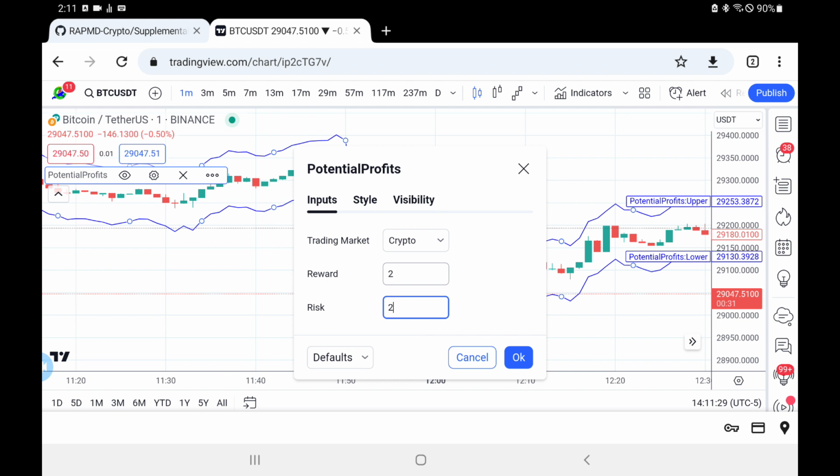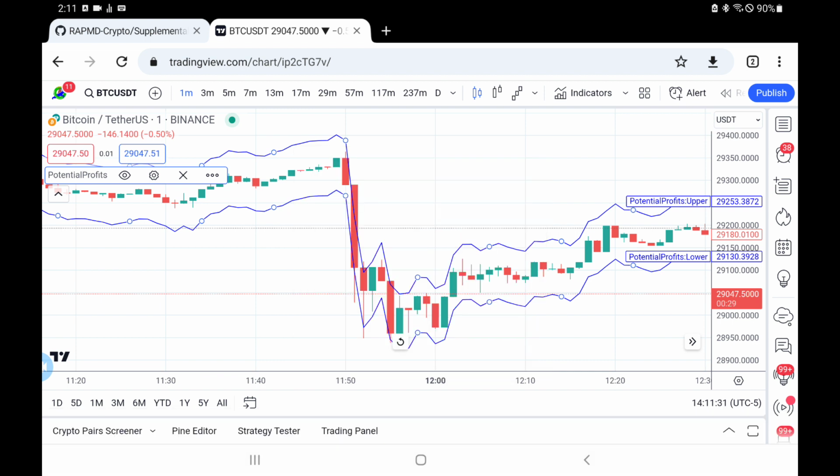So now we are still at a 1-to-1 ratio between the two of them, but now we can see within the cryptocurrency market, particularly with Bitcoin's volatility, that we have a slightly different viewpoint. That is, we see a channel of probability. We know and we can calculate how often a candle will leave the zone.